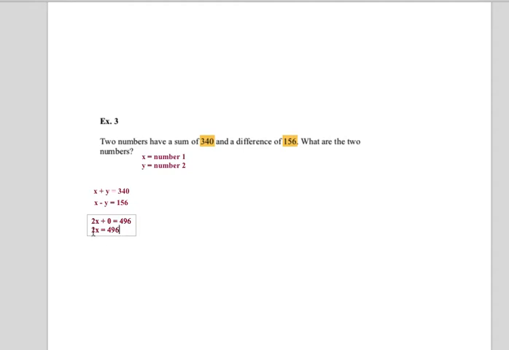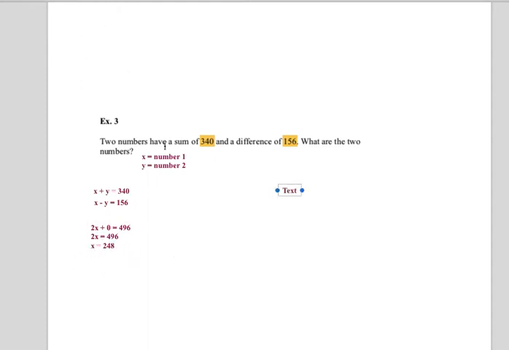And now we need to divide both sides by 2. So when we divide both sides by 2, it leaves us with x by itself. And then we divide this side by 2, and it gives us 248. So our x is 248.